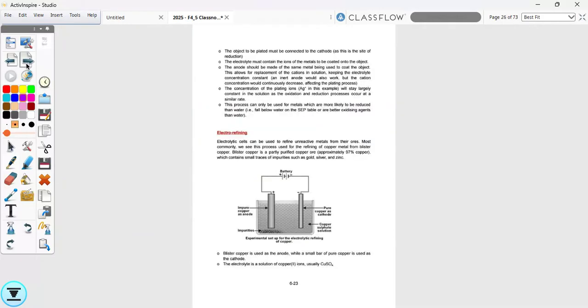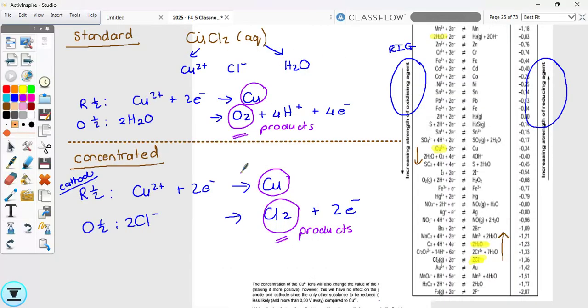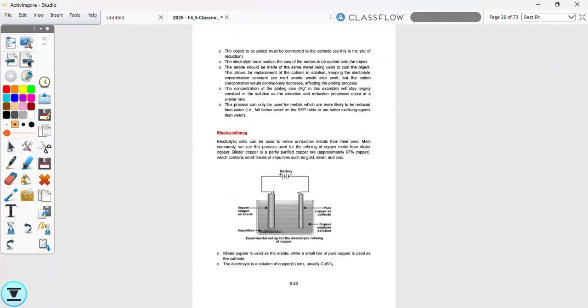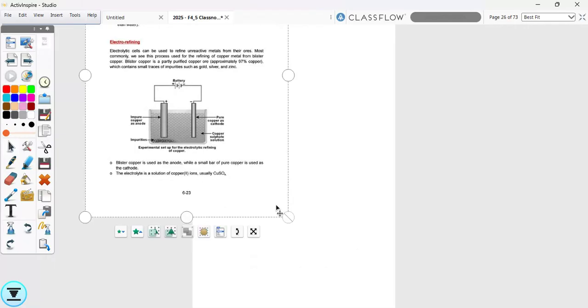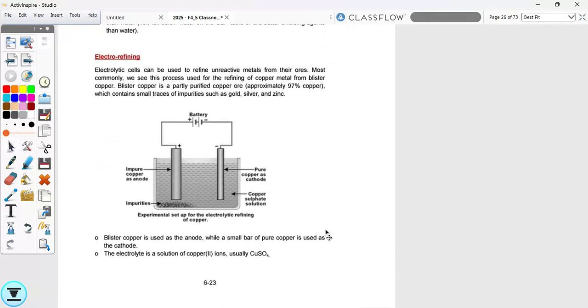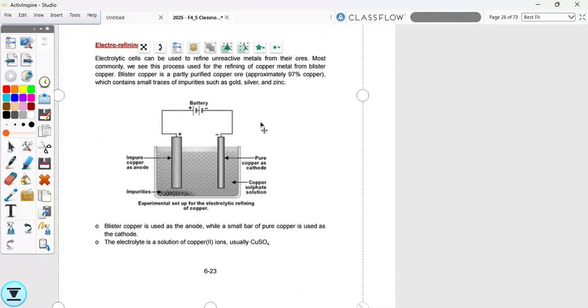Okay, so now all the rest of this chapter, so you know now how to use the table. You know how to use the table for non-spontaneous reactions and how to work out the voltages. So the rest of the part on non-spontaneous reactions is all applications. So electrorefining, so this is when you take stuff out of the ground and you now want to make pure copper out of dirty copper.